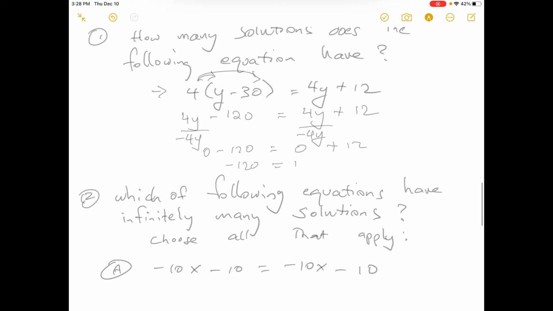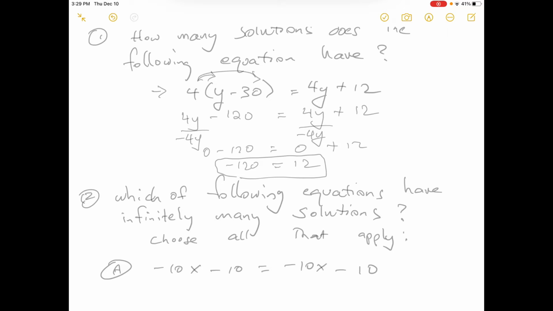In other words, we get negative 120 equals 12. If you think about that, it doesn't make a whole lot of sense, does it? If that were dollars, where in the world would anybody agree to being $120 in debt as opposed to having $12 in your pocket? Maybe in a communist country, I don't know. Somebody could maybe convince you that having less money or being in debt was better than having money.